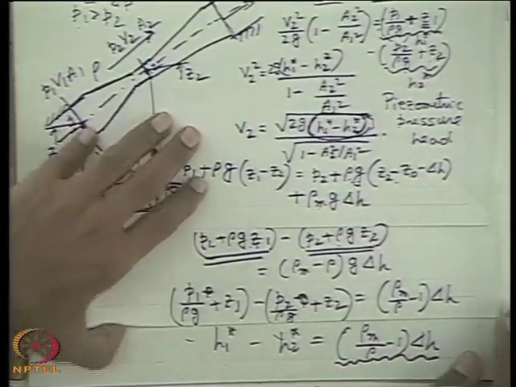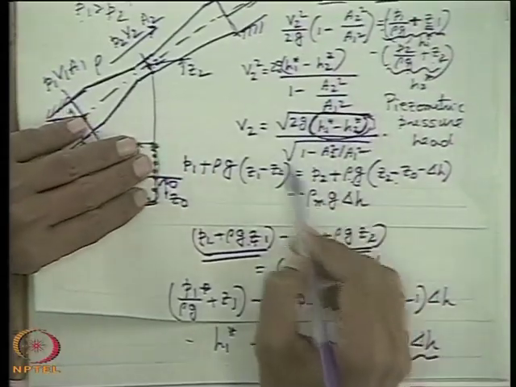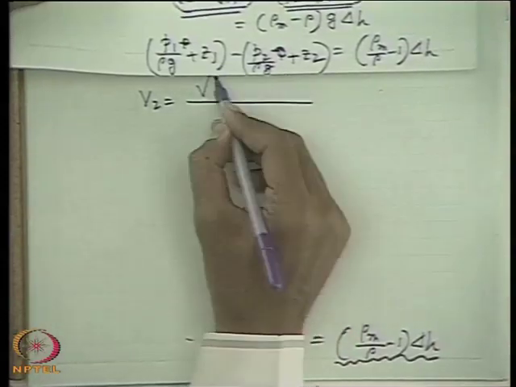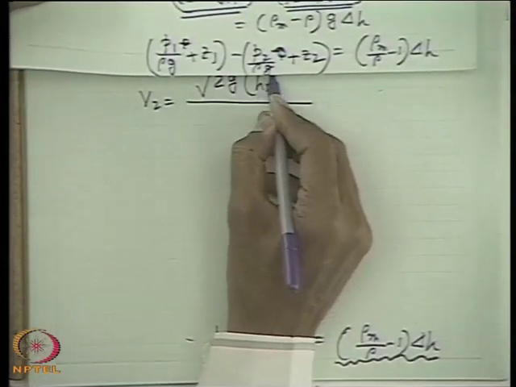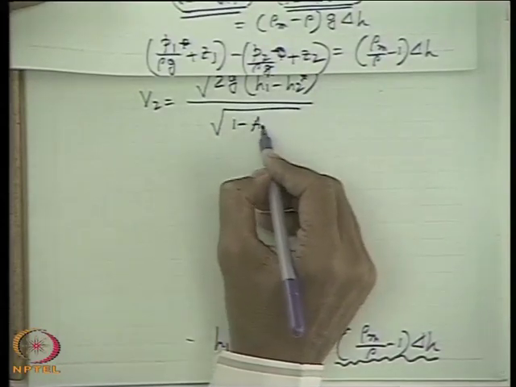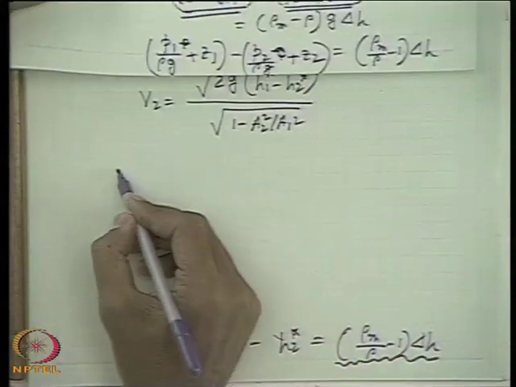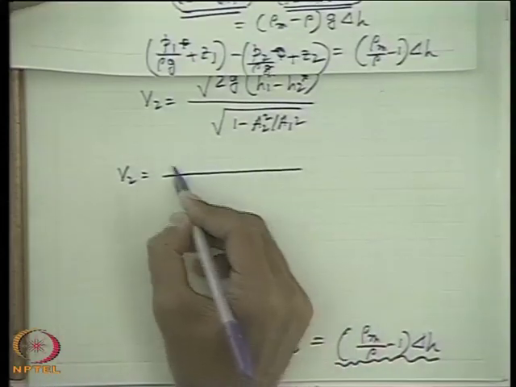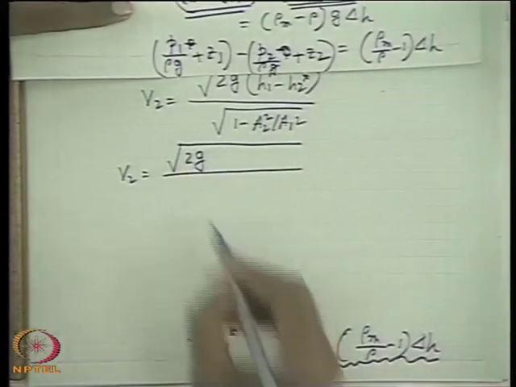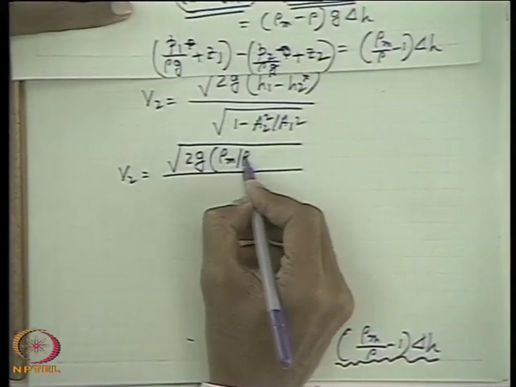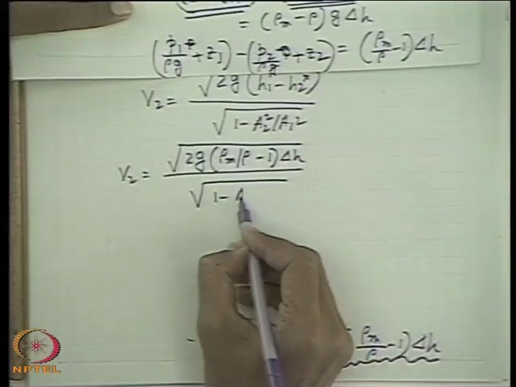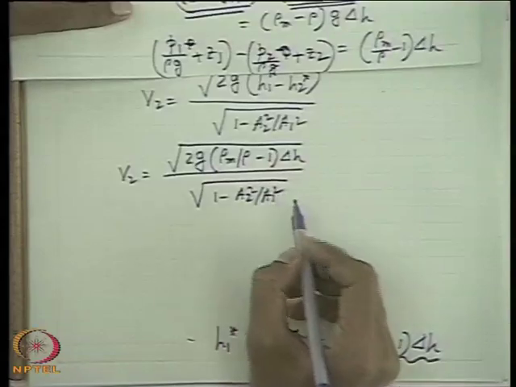Recalling the equation, V2 is equal to root over 2g (H1 star minus H2 star) by root over 1 minus A2 square by A1 square. So V2 is equal to root over 2g (rho m by rho minus 1) delta H, divided by root over 1 minus A2 square by A1 square.